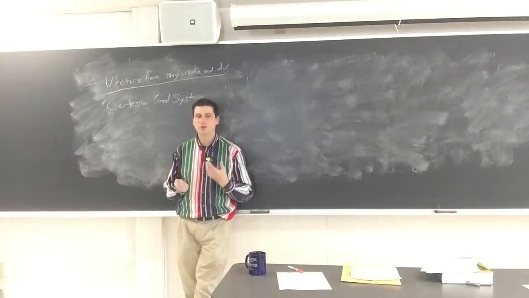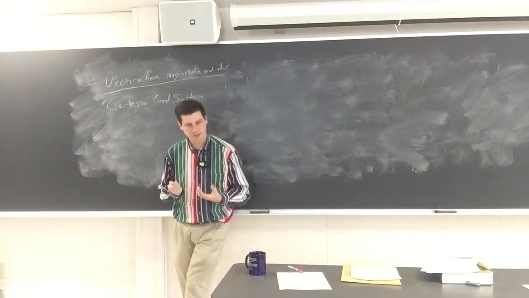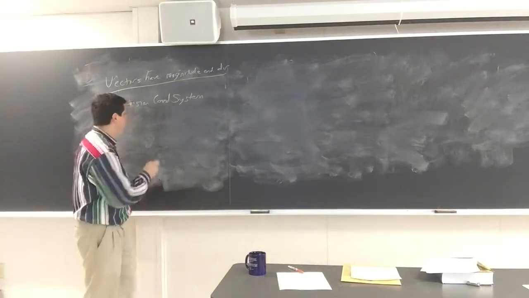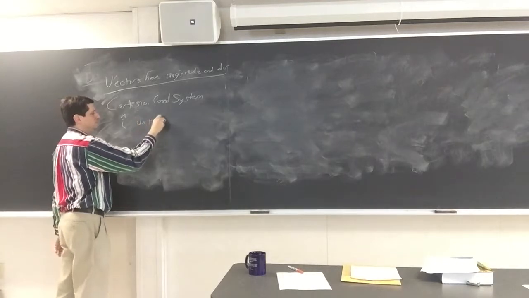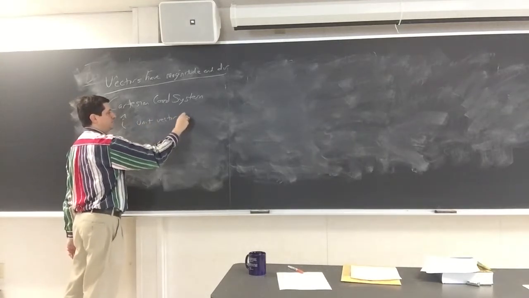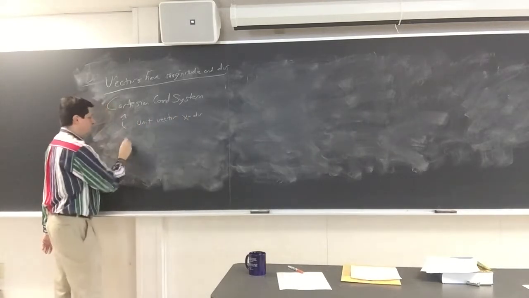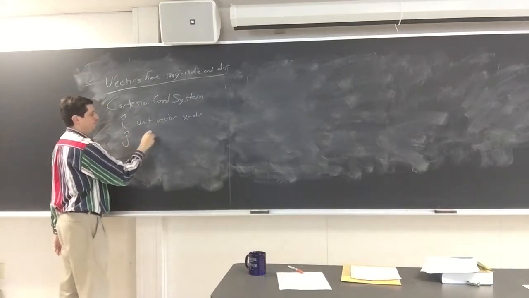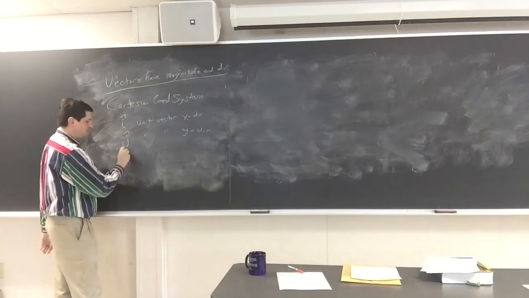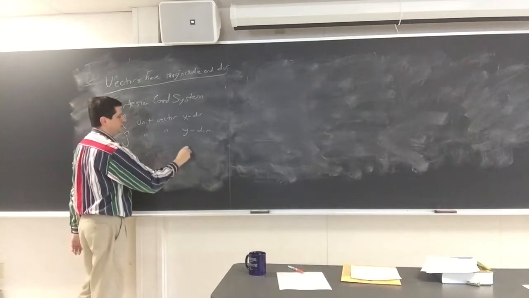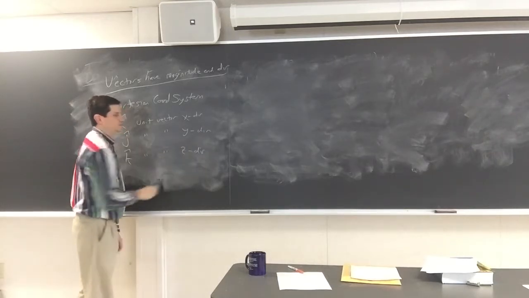In terms of how we want to denote things, we often use a variety of different notations. Sometimes we'll use i hat for the unit vector in the x direction, j hat for the unit vector in the y direction, and k hat for the unit vector in the z direction.